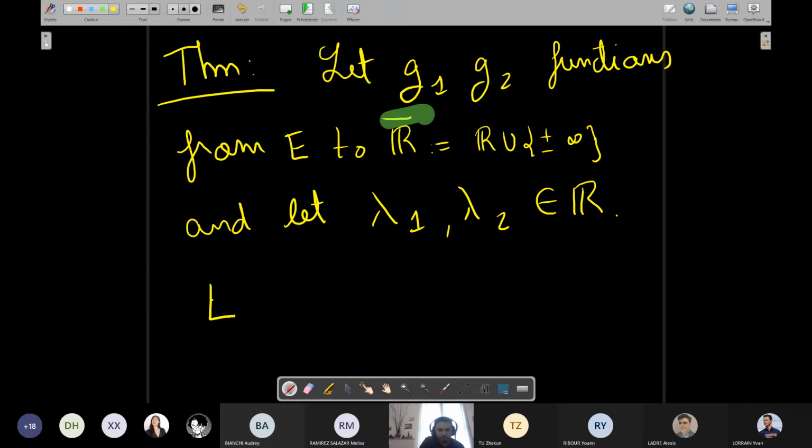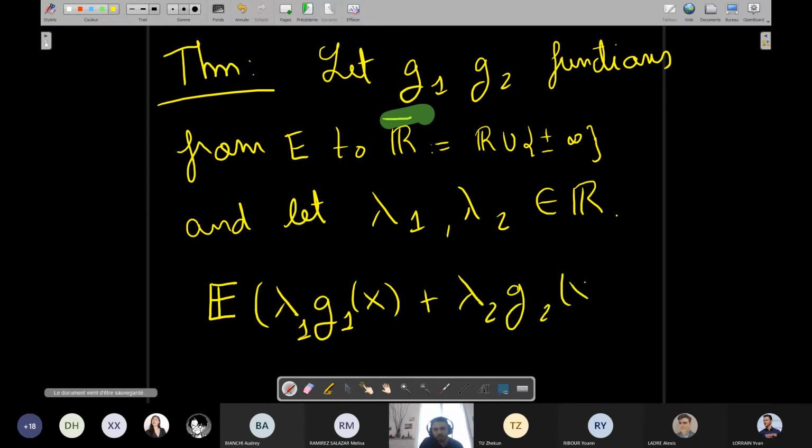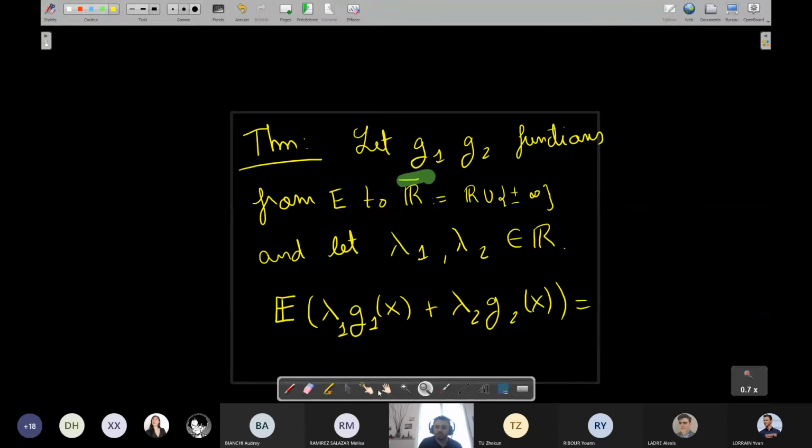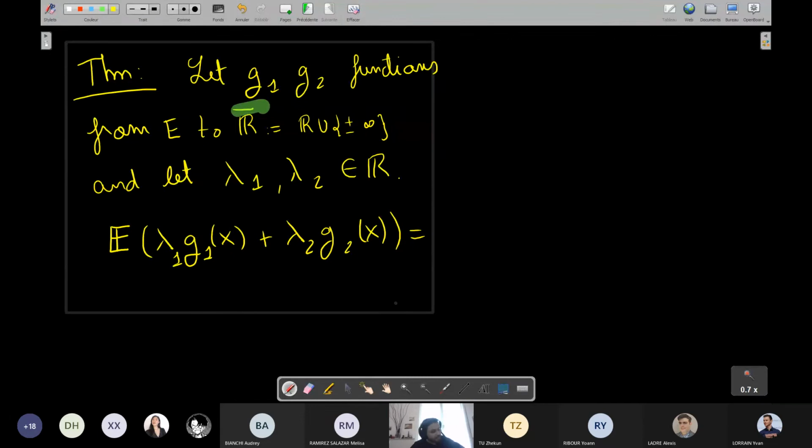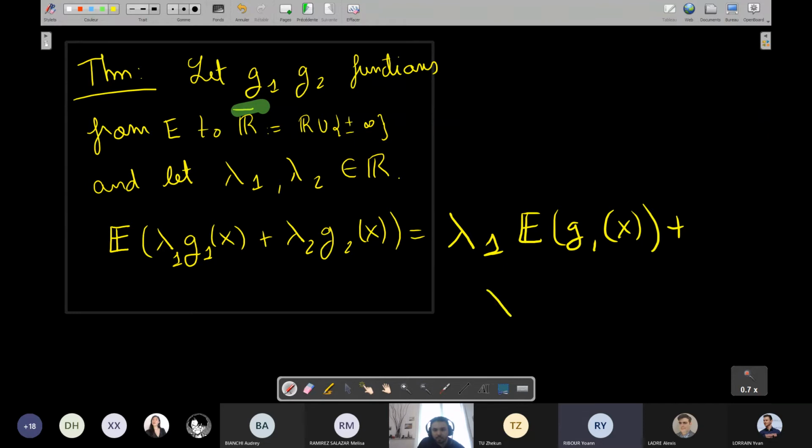That means that if you want to compute the expectation of lambda 1 g1 of X plus lambda 2 g2 of X, it's linear, so this has to be equal to lambda 1 expectation of g1 of X plus lambda 2 expectation of g2 of X. Yes, perfect.